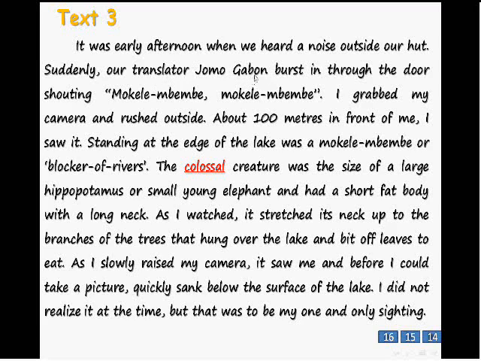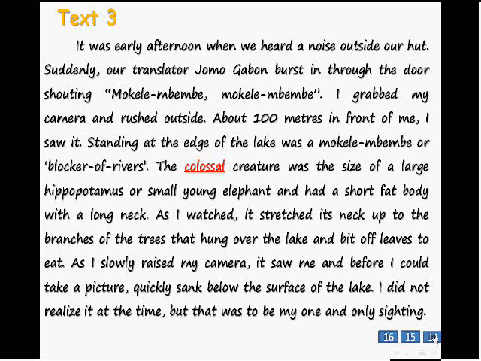So we have Jomo Gibbon here, okay? And if you read through this name, you go through the beginning of the sentence and the second sentence, you will know. So here, suddenly, our translator, Jomo Gibbon, burst in through the door shouting whatever, okay?